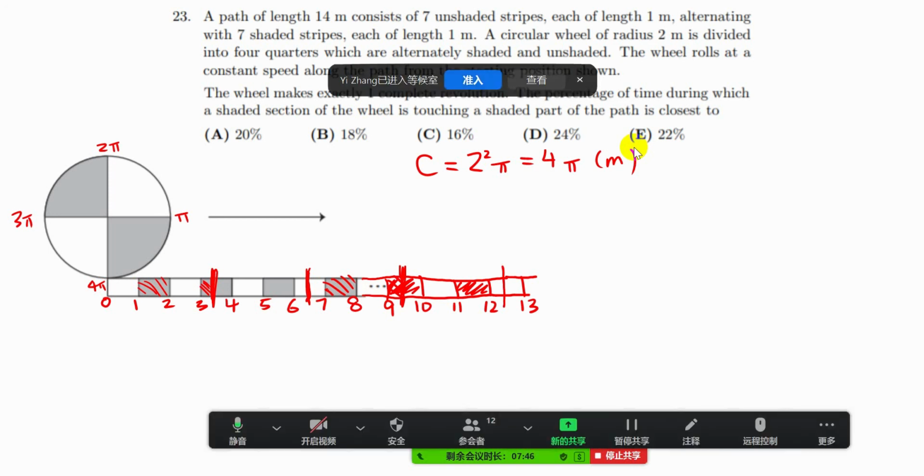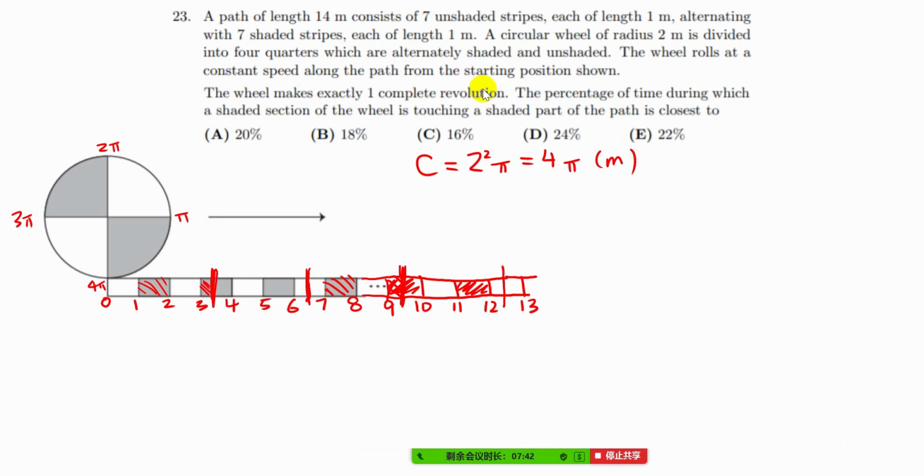So we know that from 3 pi to 4 pi, the wheel doesn't have any shaded parts, so we don't have to count any of that. And then we can calculate the percentage of the shaded part of the path to the total length of the path that the wheel passed.